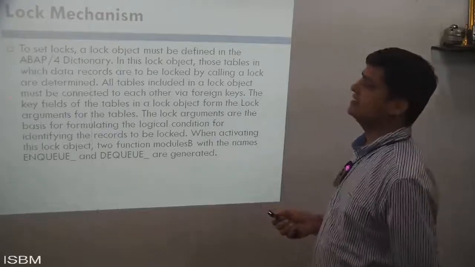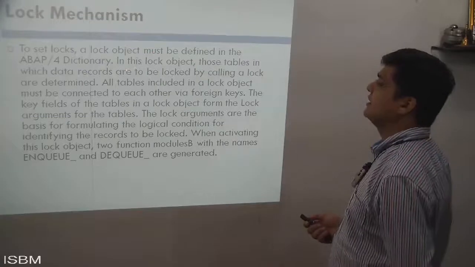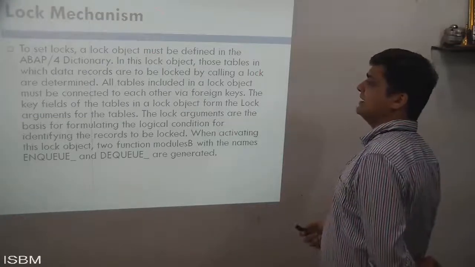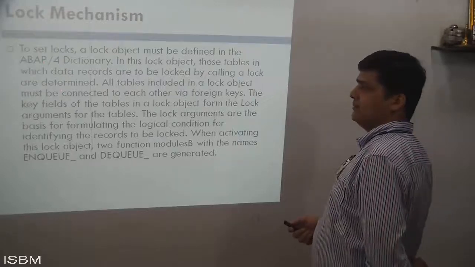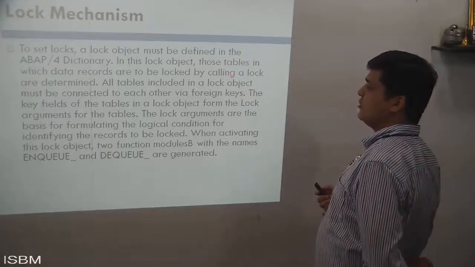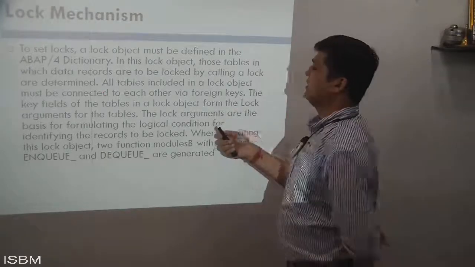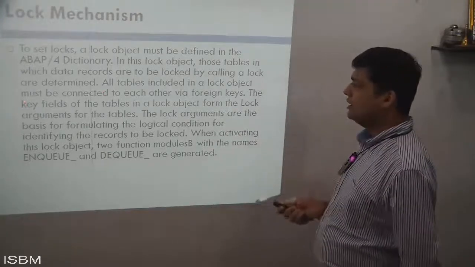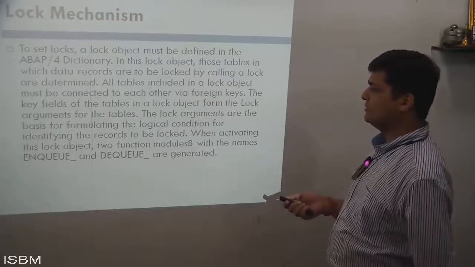The lock mechanism: to set a lock, a lock object must be defined in the ABAP dictionary. In this lock object, the tables and data records that are to be locked by calling a lock are determined. All tables included in the lock object must be connected to each other via foreign keys. You can see the foreign key concept over here. The key fields of the table in the lock object form the lock argument of the table.